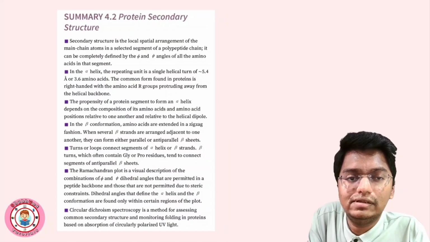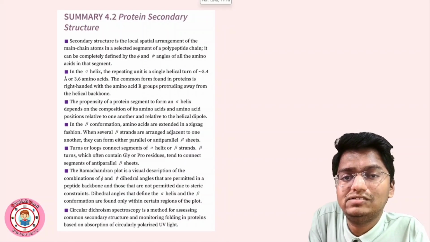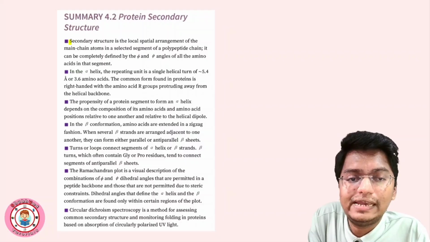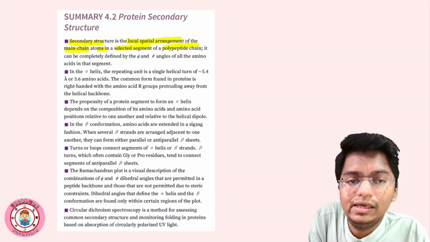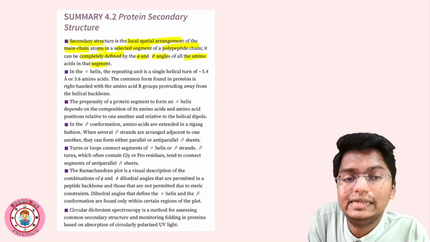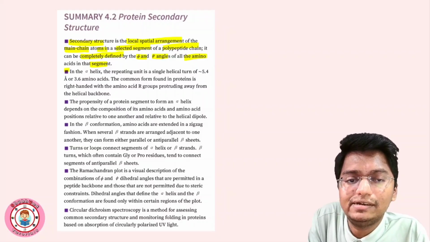So let's see the summary of secondary structures. Secondary structure is the local spatial arrangement of main chain atoms in a selected segment of a polypeptide chain. It can be completely defined by the phi and psi angles of all the amino acids in that segment. Okay, we saw the definition and the angles.